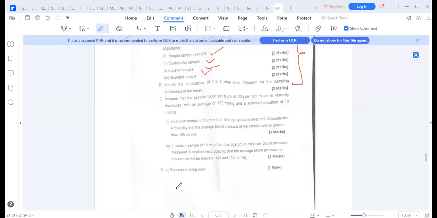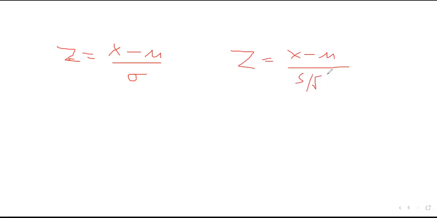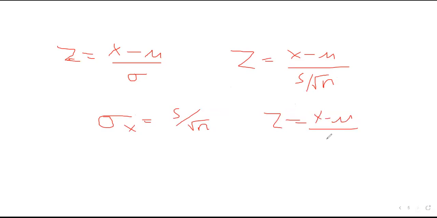When dealing with normal distribution, you need to understand that Z is given by the mean minus mu over the standard deviation, or Z is equal to the mean minus mu over the standard deviation over the square root of n, where the standard error is simply the standard deviation over the square root of n, meaning our Z is equal to the mean minus mu over the standard error.